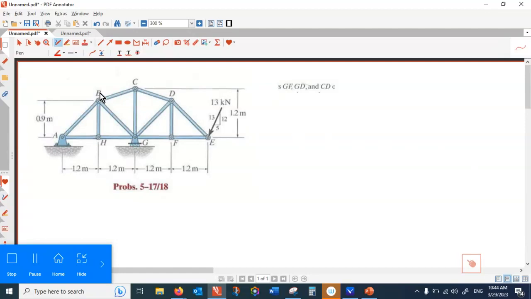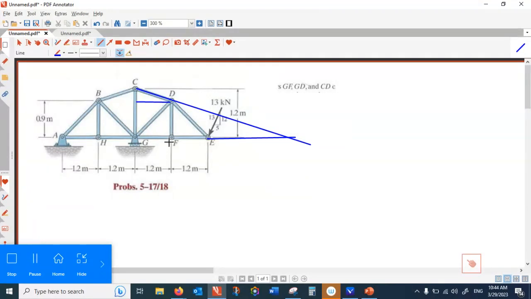So first thing, I need to find this angle because if I extend that member and then I extend this member horizontally, when they collide, they make the same angle as this one at the top, right?